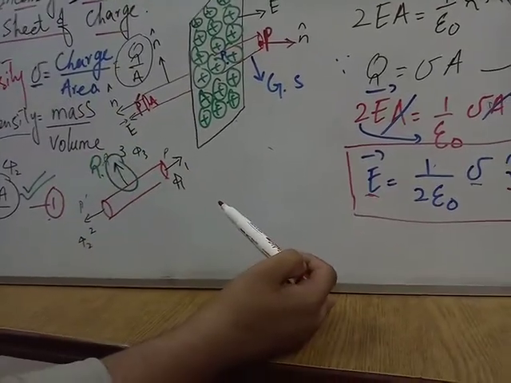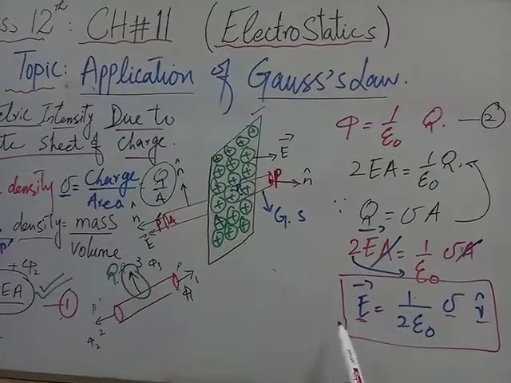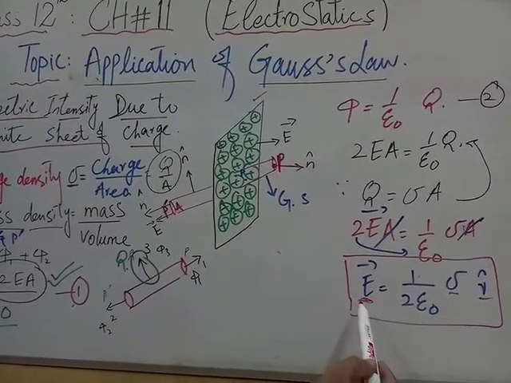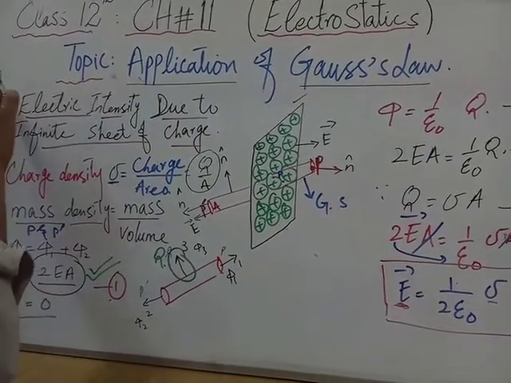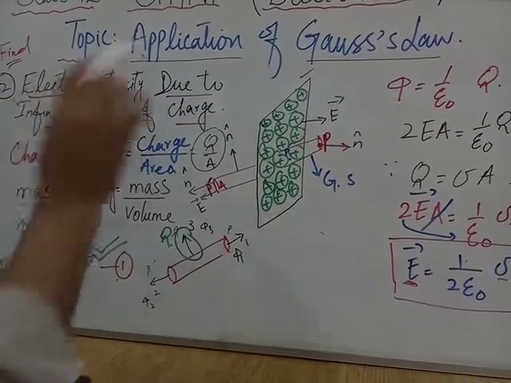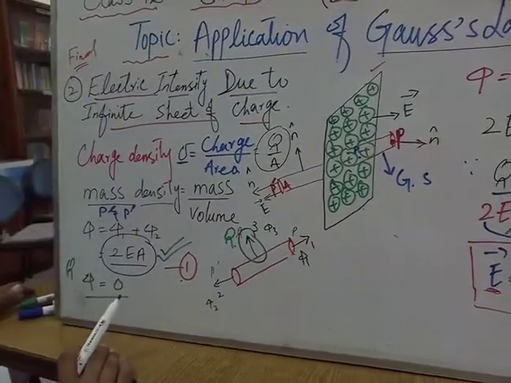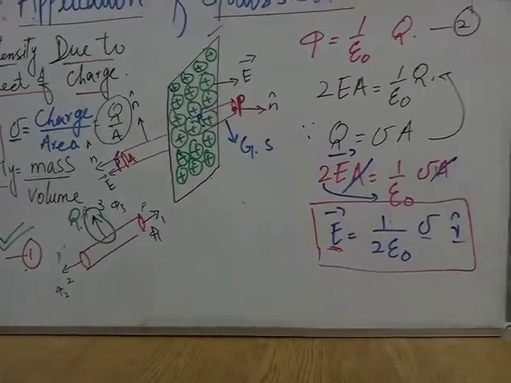So this is the electric intensity. This is a very important topic, and from the exam point of view, the question may be given: find the electric intensity due to an infinite sheet of charge. This is the long question in your book.